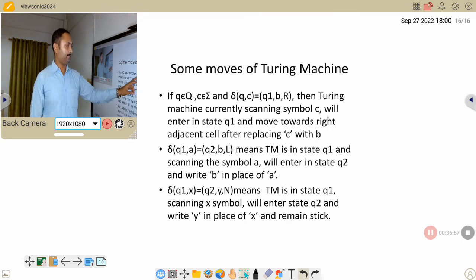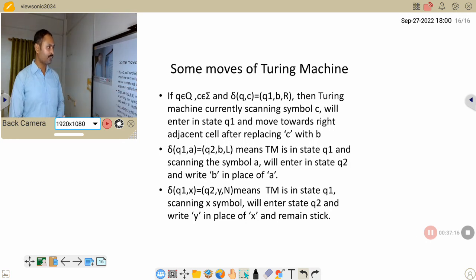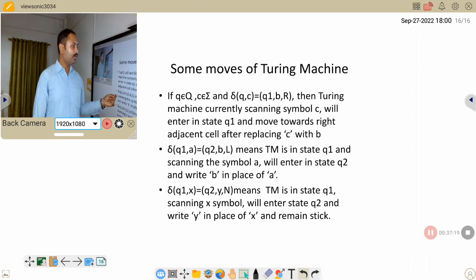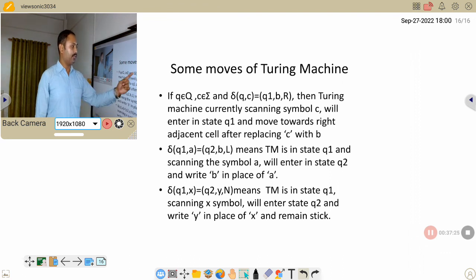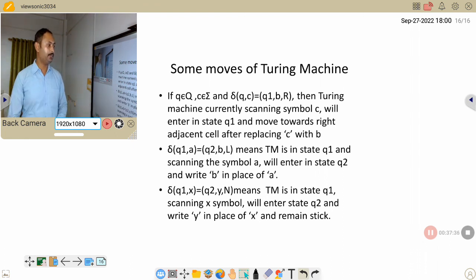The control machine scans the input symbol C and it will write a symbol B over C. And after performing the write operation, what will be the direction of the read-write head? The direction is right. So capital R means it will go in the right direction after performing this write operation. So the Turing machine currently scans the symbol C, enters state Q1 and moves towards the right adjacent cell after replacing C with B.